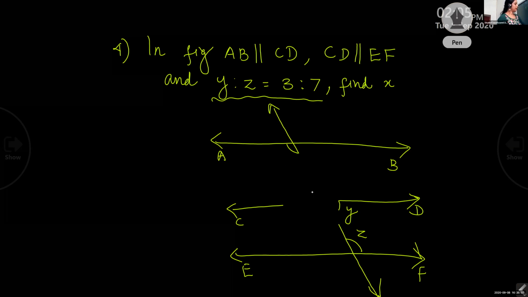See children, it was given that this angle is Y and this is X. But you know that this angle, just now I put a tick over here, no? That angle and Z are supplementary.